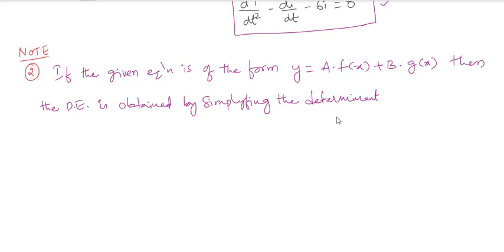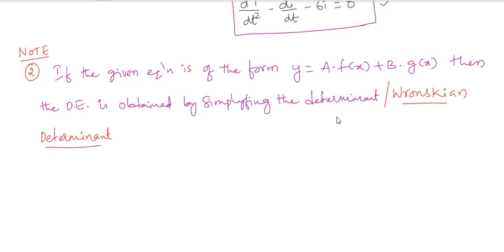This itself we can call as the Wronskian determinant. This determinant itself we used to call as Wronskian determinant. Just the name itself, that's all, nothing more than that.